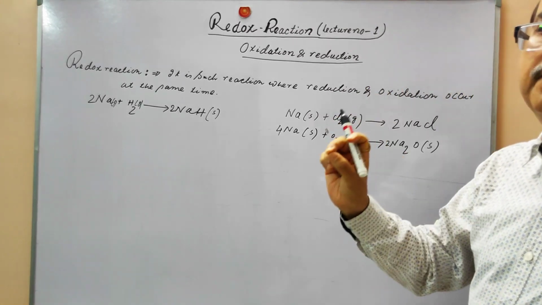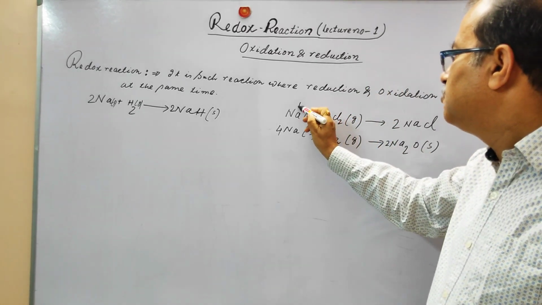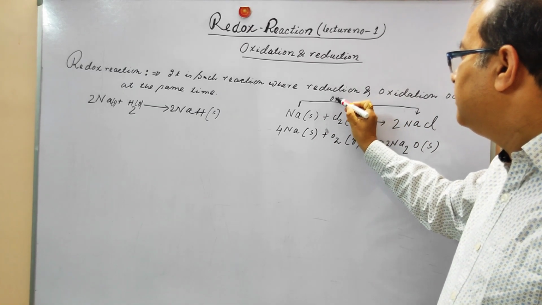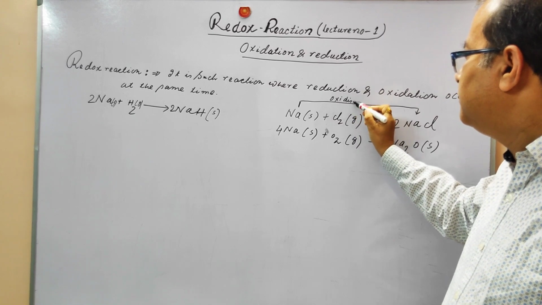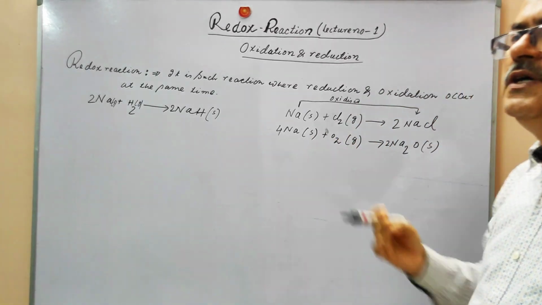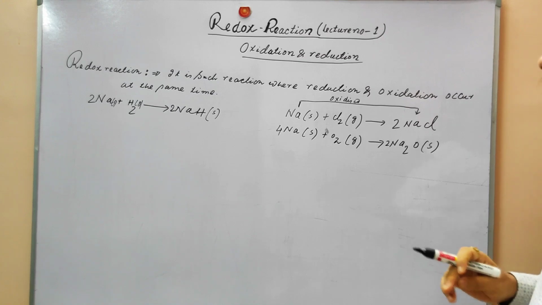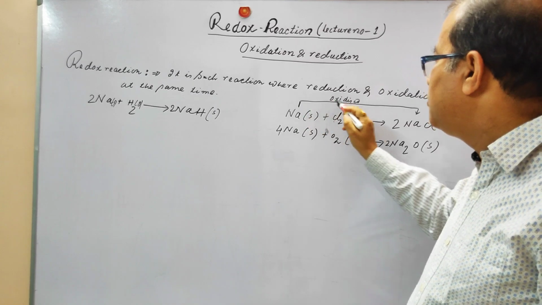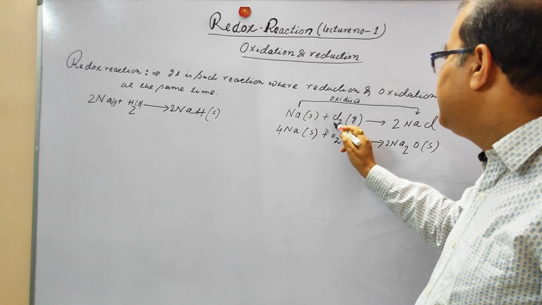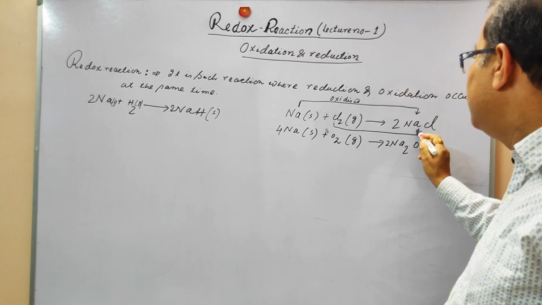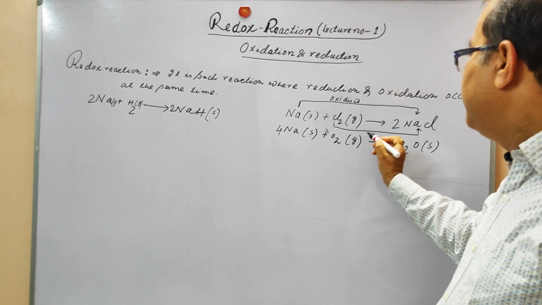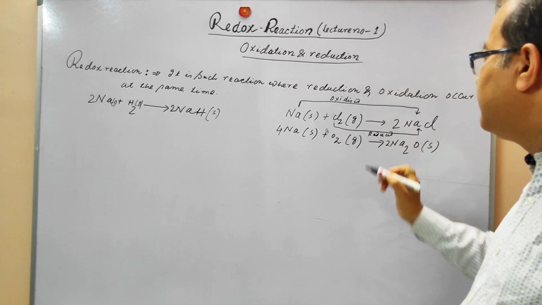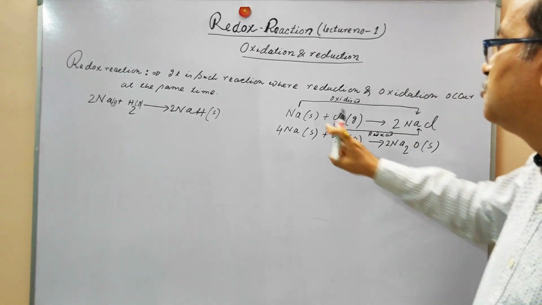to an electronegative element, so we can say sodium is oxidized to NaCl. We can say this easily because it has been added to the electronegative element chlorine, and at the same time chlorine is added to the electropositive element, so we can say chlorine is reduced because it is attached to the electropositive element sodium.